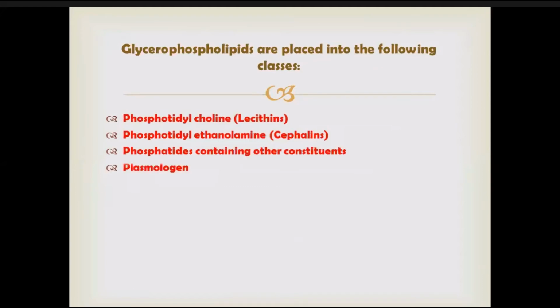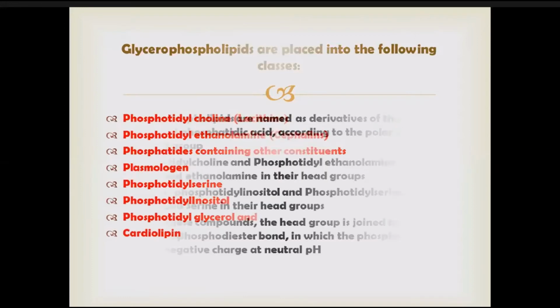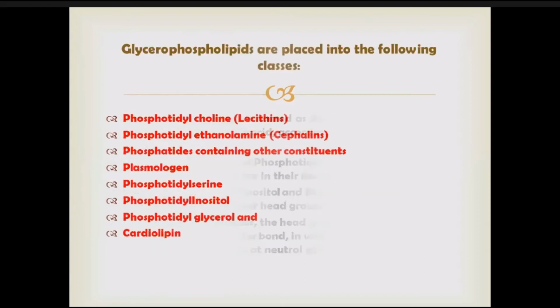Phosphatides containing other constituents: plasmalogen, phosphatidylserine, phosphatidylinositol, phosphatidylglycerol, and cardiolipin. These are approximately, I guess, 3, 6, 8 somewhat classes हम बोलते हैं.